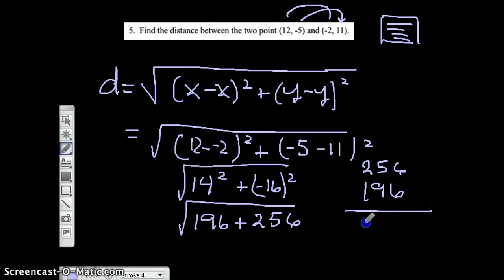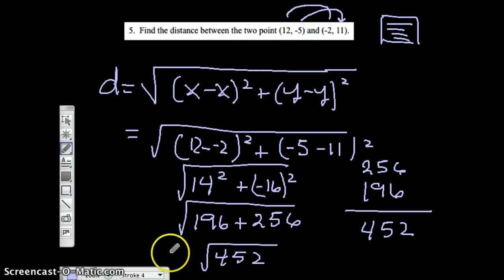So 452 would be the correct answer. Now remember, it's the square root of that. Square root of 452. And of course, we want to see if that reduces.